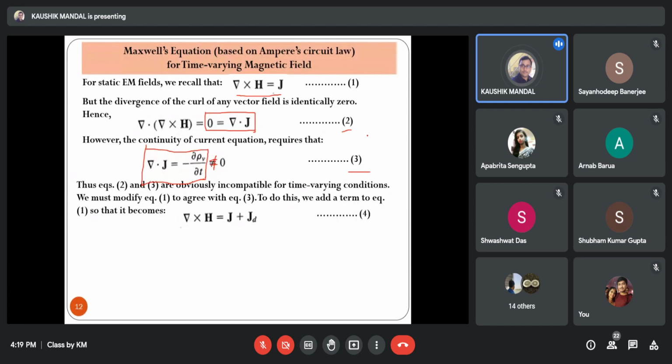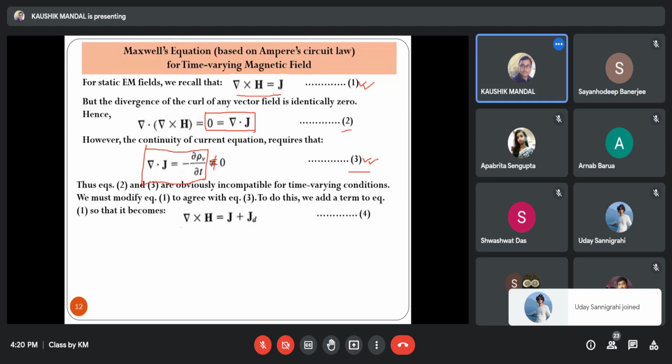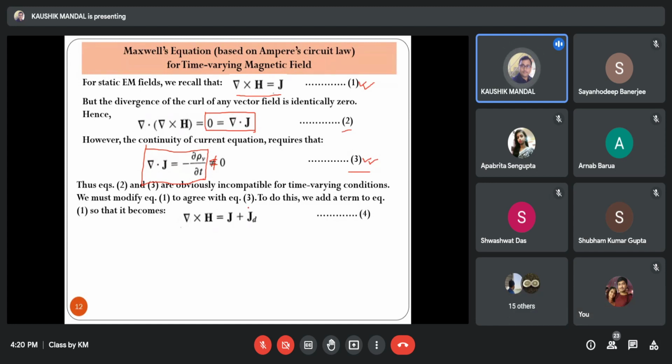So obviously it will become incompatible because this equation 2 is for the static field, whereas this equation 3 is basically for the time varying field. That's why we are observing this type of incompatibility. So to overcome this incompatibility between these two equations, we are adding one term purposefully.